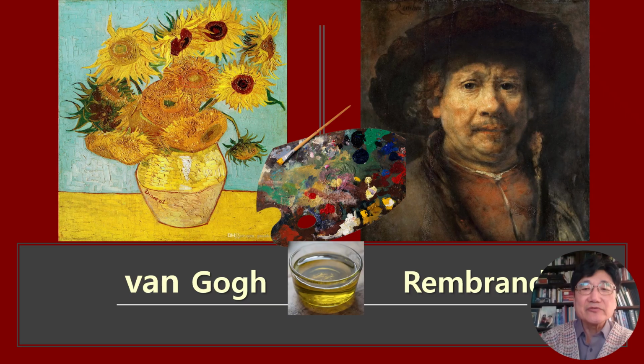Both painters used cannabis oil and cannabis canvas for their paintings. They are great masters of Western paintings, and their works of art are so highly valuable in world art history.